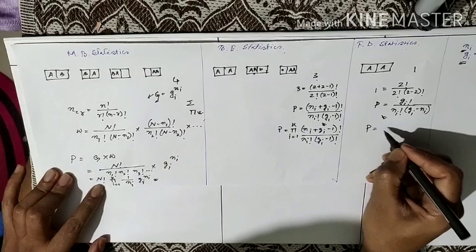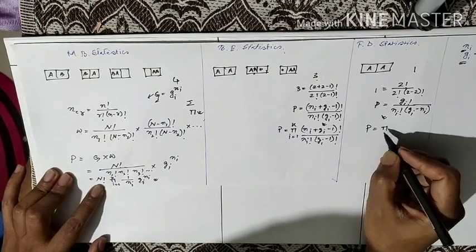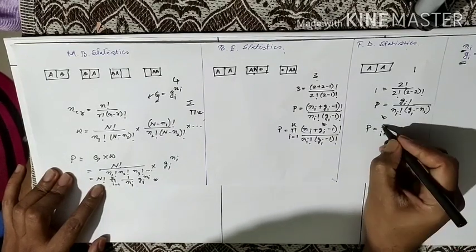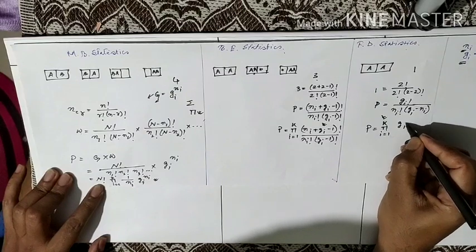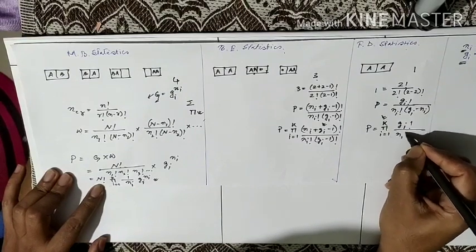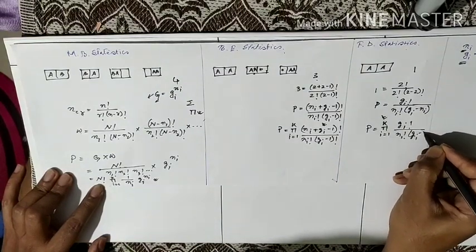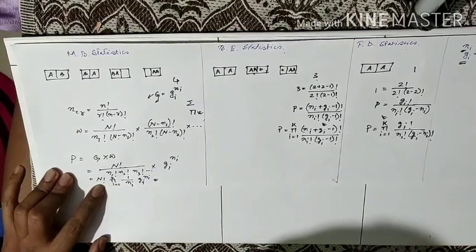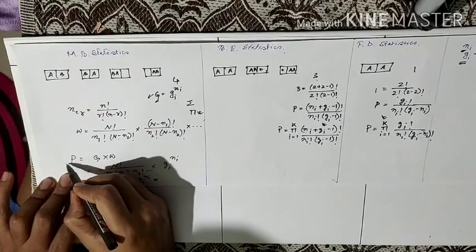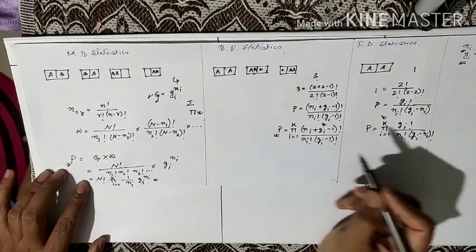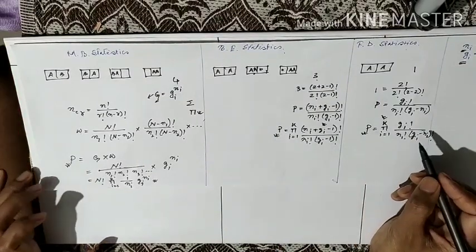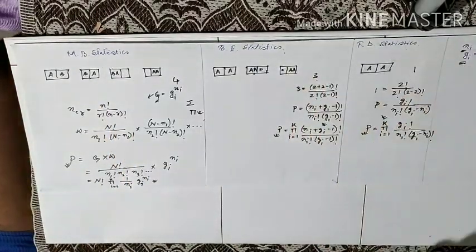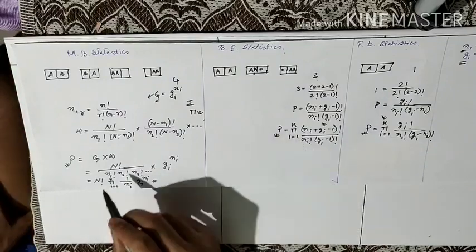Similarly here also I will consider all the chambers, product over i is equal to 1 to k, Gi factorial, divided by ni factorial and (Gi minus ni) factorial. Okay, so we have calculated the probability. As I told you, these were the basic ingredients to derive this distribution law.